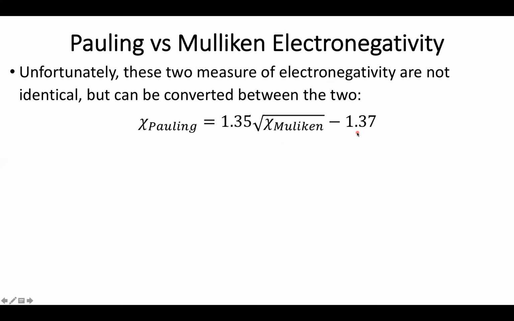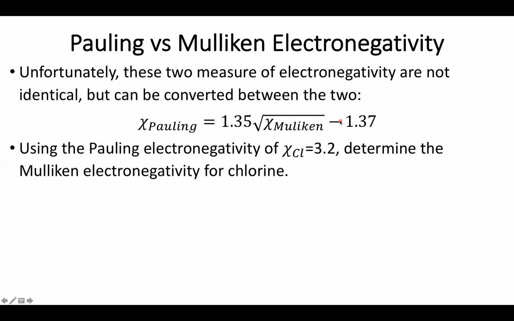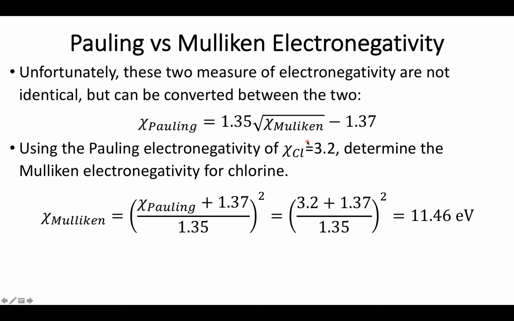multiply it a little bit, and then recenter it around that hydrogen value of 2.2, which is what this minus term comes in. But here was actually kind of the issue, that we just determined the Pauling electronegativity, and what I care about in our case as physical chemists is going to be the Mulliken. So in this case, sometimes it's useful to be able to rearrange this equation to solve for Mulliken in terms of Pauling.